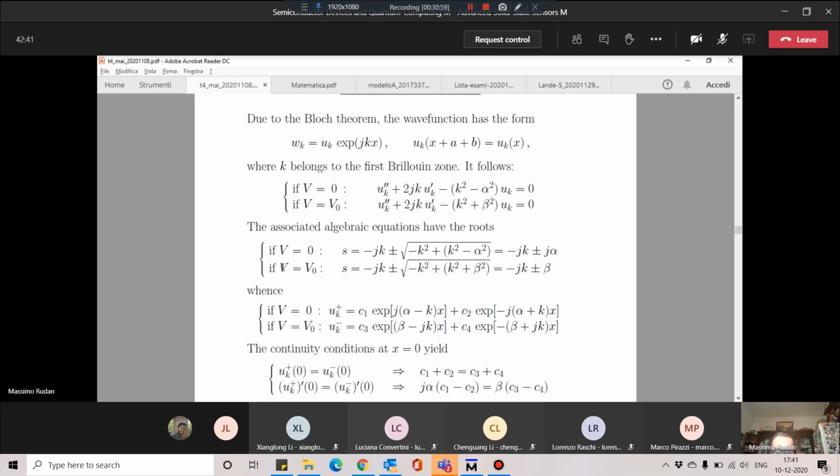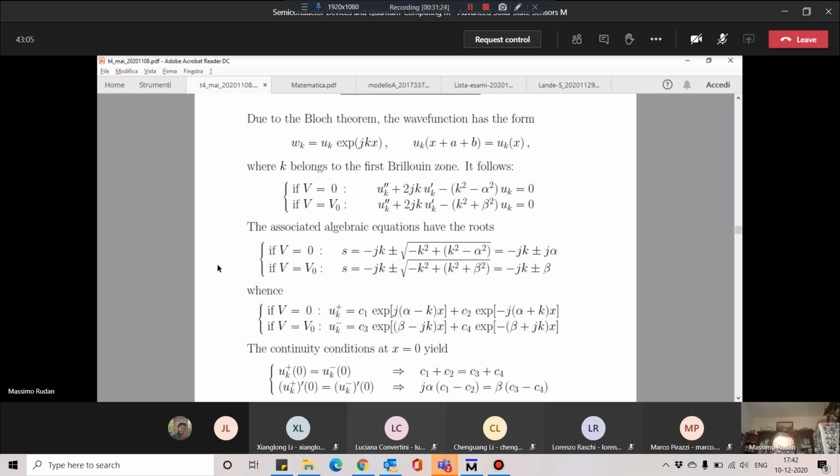Instead, in the intervals where v is equal to v0, the solutions of the second algebraic equation associated to the second differential equation are s equal to minus jk plus or minus beta, so they are complex solutions, okay?